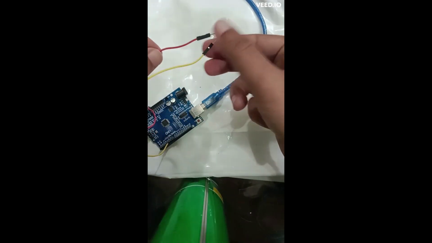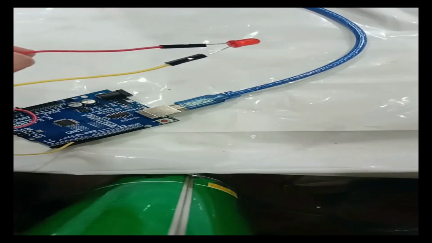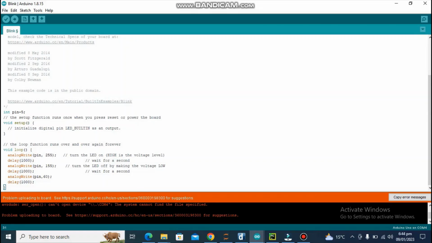Now all we have to do is upload the program and see what happens. So friends, this is our program. This program is also very simple, just like the program we saw in case of blinking of LED. Now in this program, the setup portion is basically empty. We don't need to write anything in the setup portion.